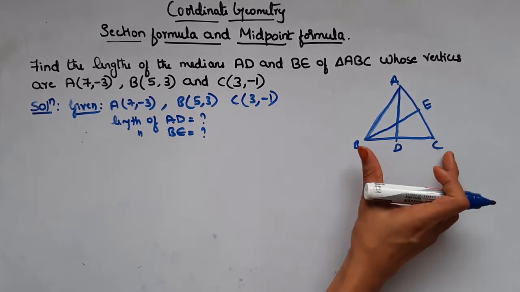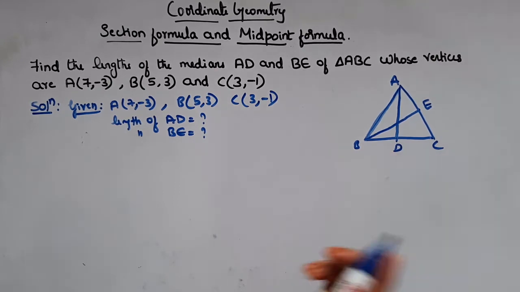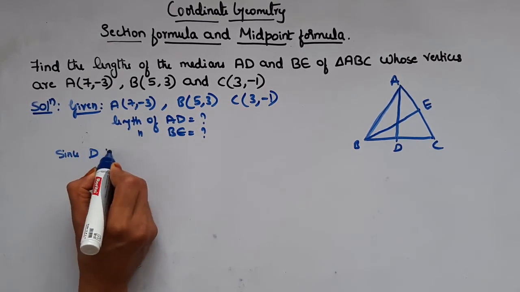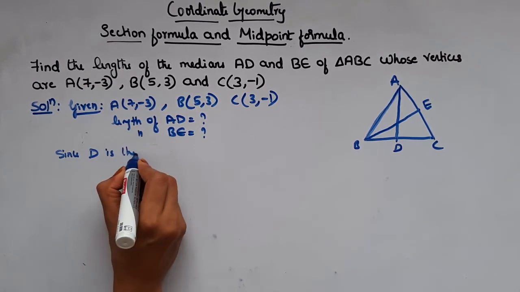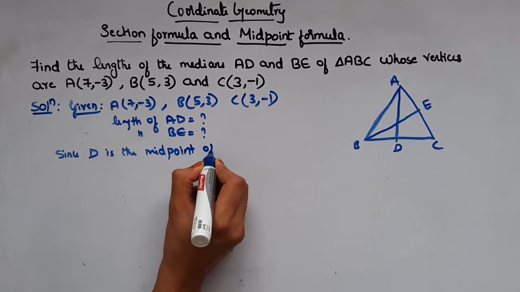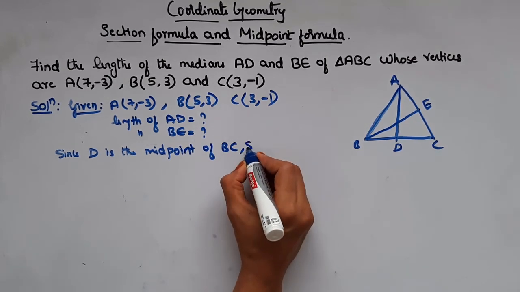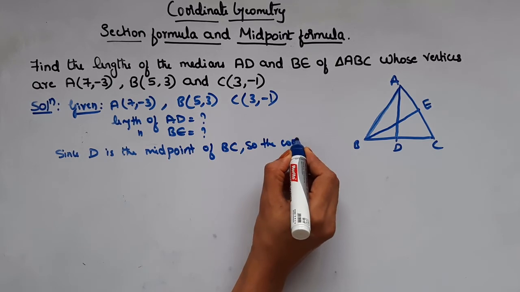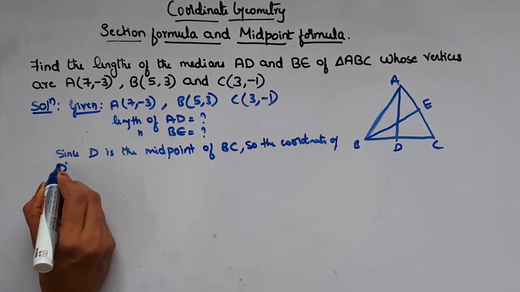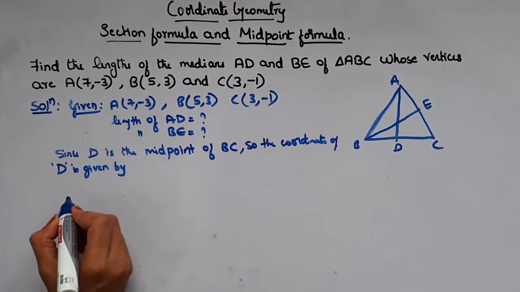Since D is the midpoint of BC, we can find the coordinates of D. So first let's write that in words. Since D is the midpoint of BC, the coordinates of D are given by the midpoint formula.